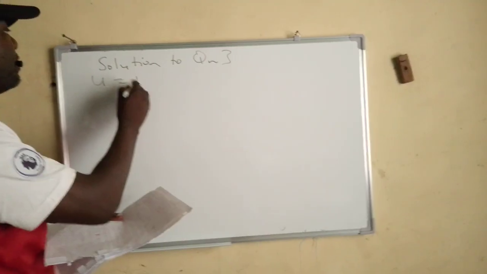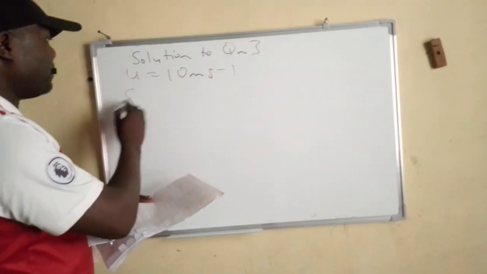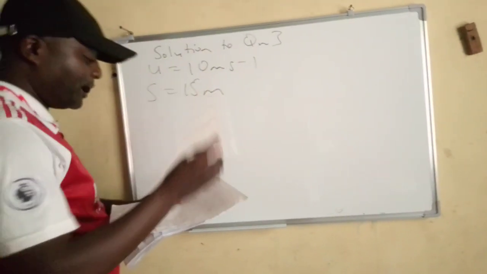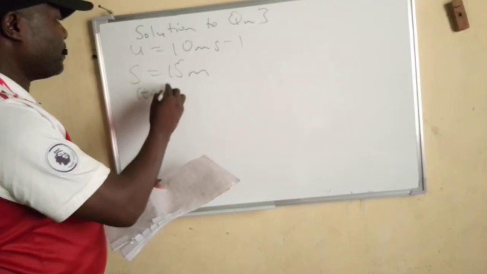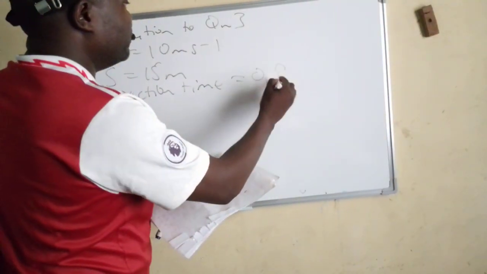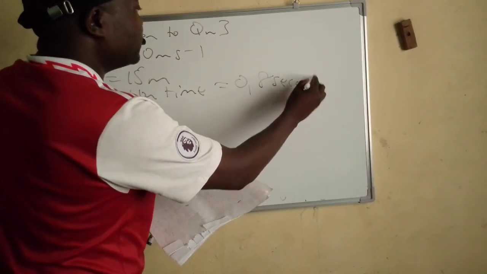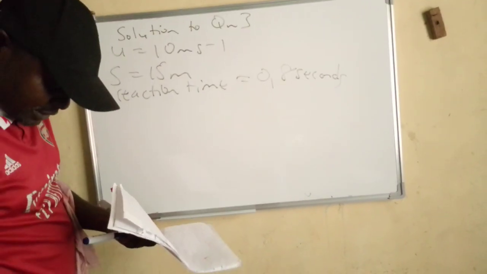So the initial speed is 10 meters per second, right? The driver is 15 meters away from the stop line. The driver's reaction time is equal to 0.8 seconds.